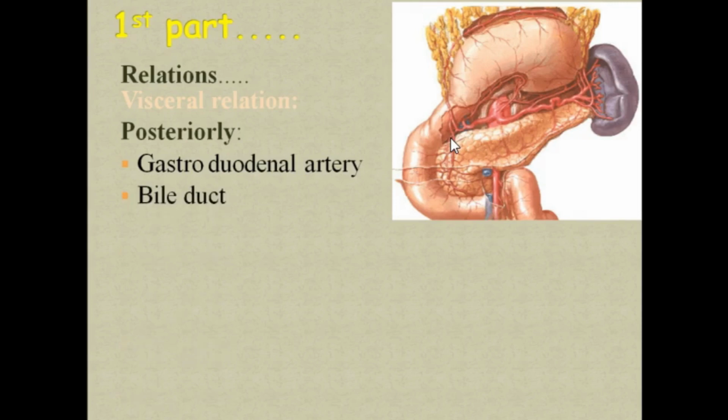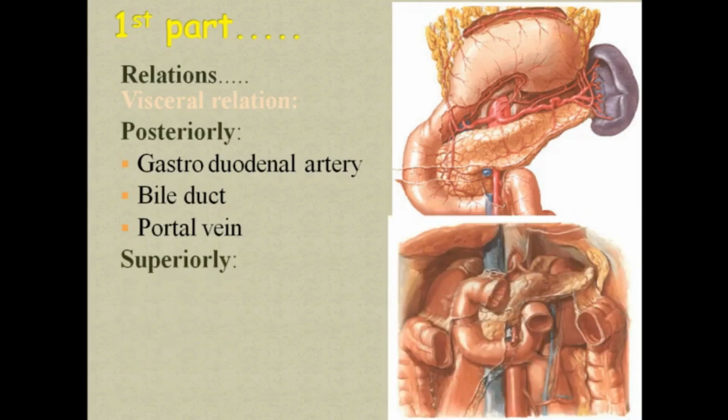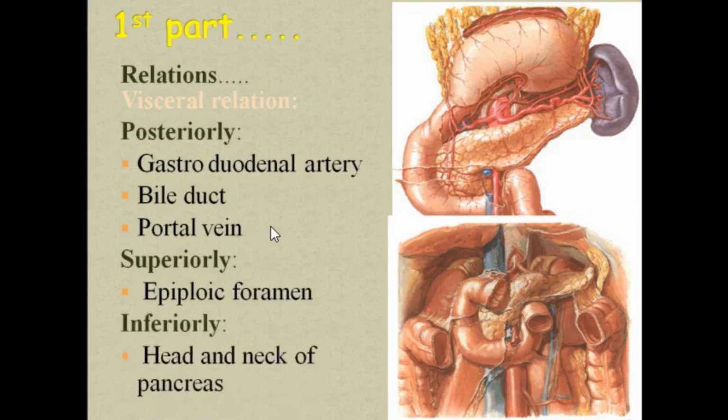So gastroduodenal artery, bile duct and a vein called portal vein are related posteriorly. Superiorly we have the epiploic foramen; this part has the relation of epiploic foramen, and inferiorly we have the head and neck of pancreas.